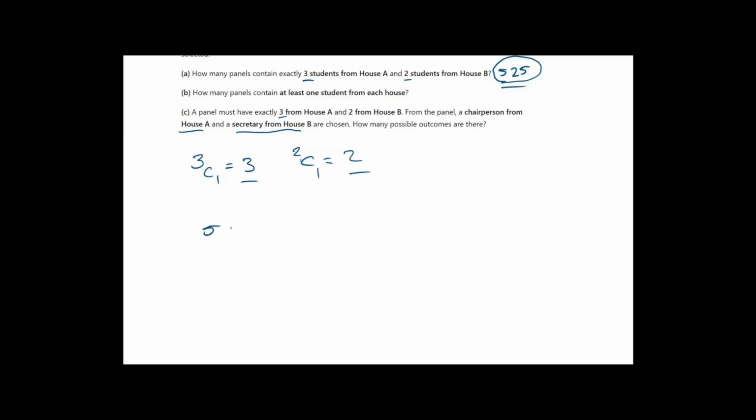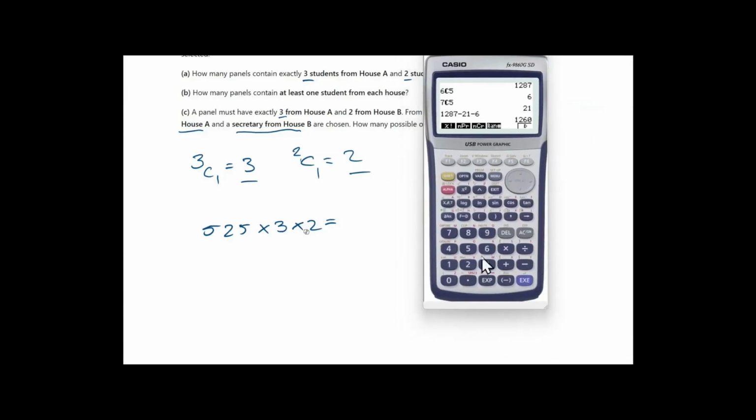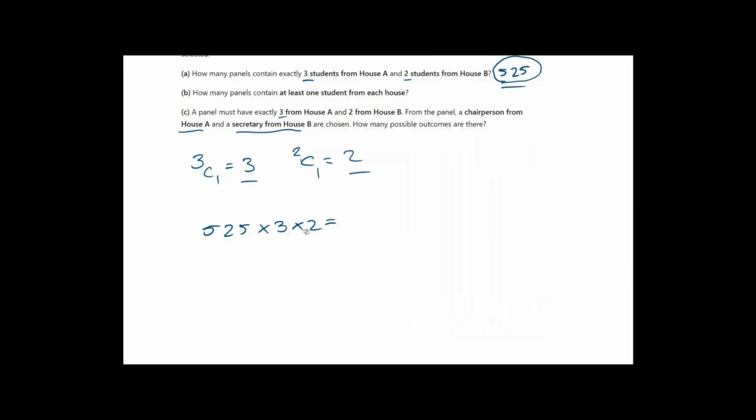So the total number of ways is going to be 525 times 3 times 2, and that's the total number of combinations. What that is off the top of my head, again, I have no idea. So 525 times 3 times 2 is 3,150.